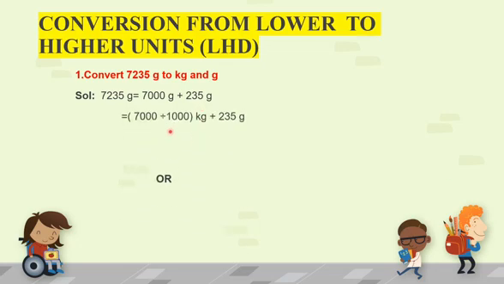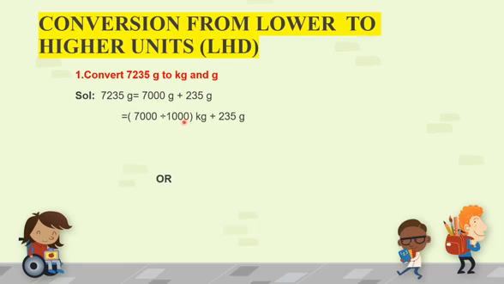7,000 will be divided by 1,000. Why will 7,000 be divided by 1,000? That is a question now. Why not by 100? Always ask a question. Why not by 10? Why not by 100? Why by 1,000?